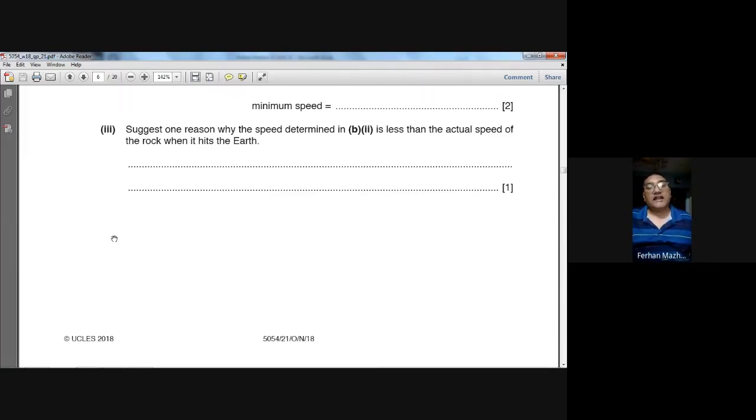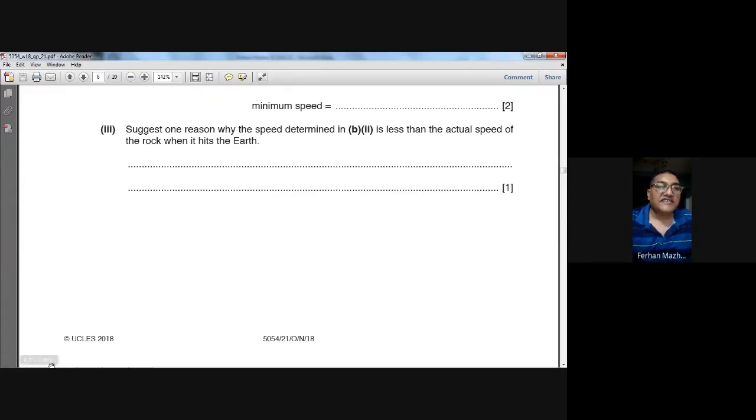So the kinetic energy of the rock should be more than we just assumed in the second part. It means that the speed of the rock is much higher than we just calculated.